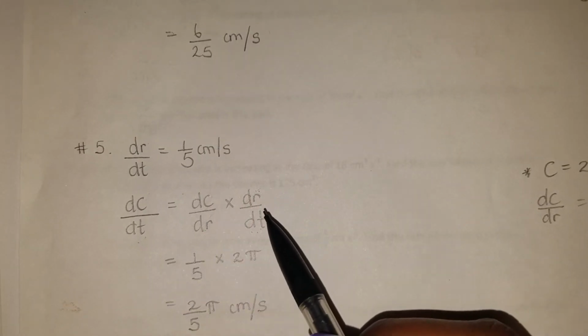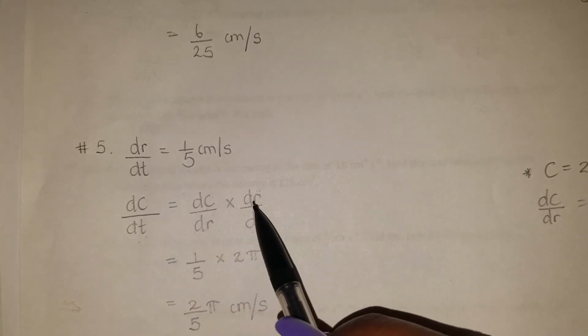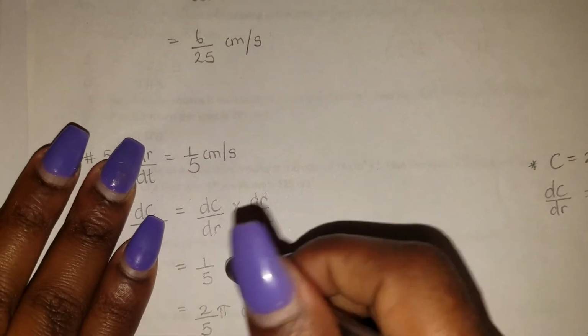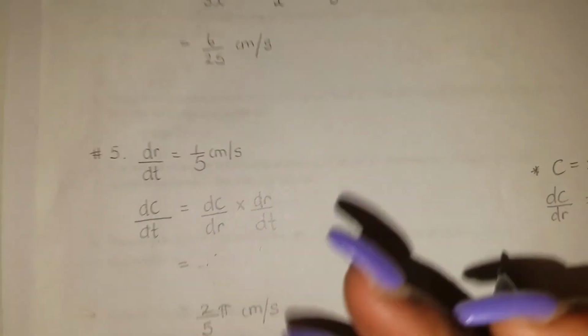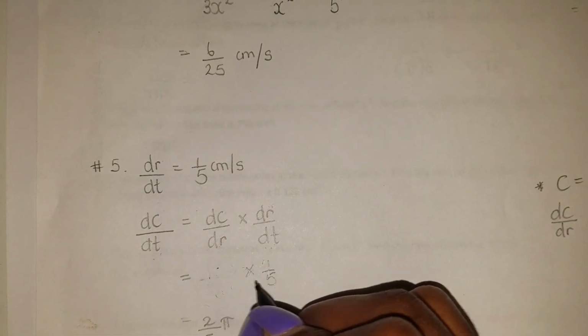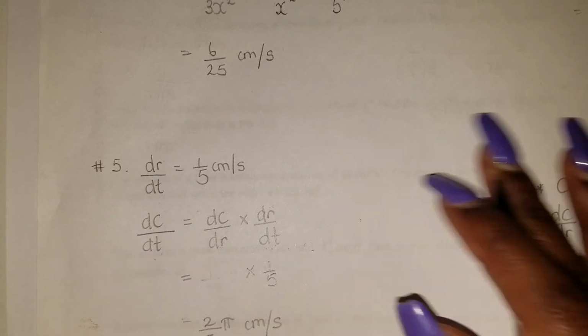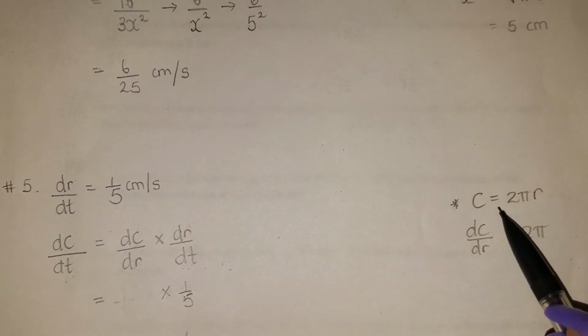So here we have dr/dt, which is 1/5. Now this is in the wrong position. Let me erase that. So the dr/dt is 1/5, so we need the dC/dr. Now the formula for the circumference of a circle is 2 pi r.